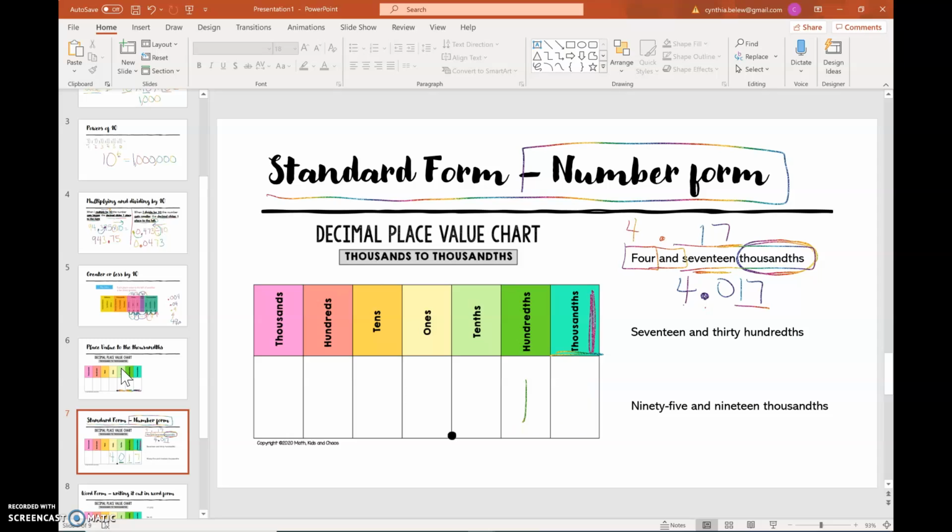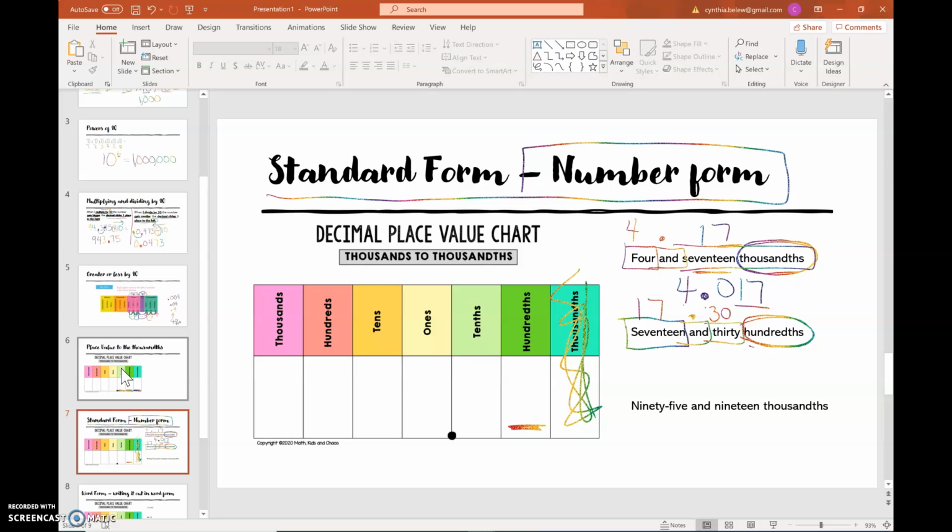So for the next one, I could do the same thing. I have to box those key words. 17, not 70, and 30 hundredths. So again, I can write it over my words. 30, not 13. Now I can write it. Hundredths. My last digit's going to be here. I don't even need the thousandths for this.